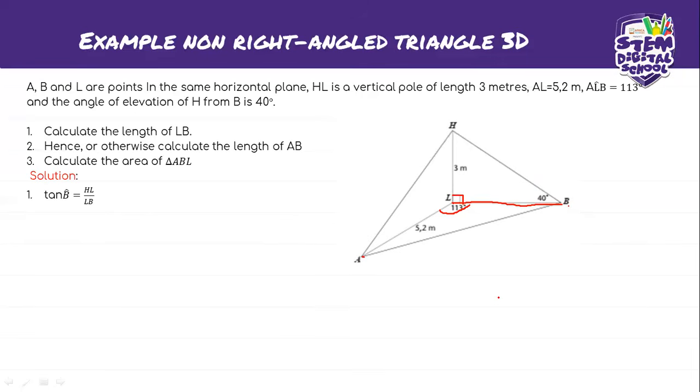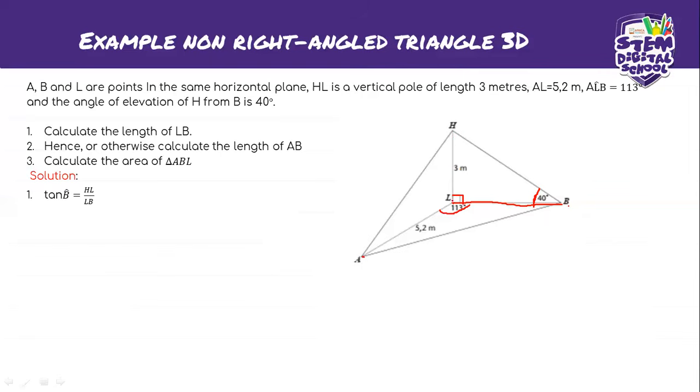So we are going to use trig ratios. Now, you have to choose which one we're going to use. Remember, we have sine theta equals opposite over hypotenuse, cos theta equals adjacent over hypotenuse, and tan theta equals opposite over adjacent. Since we have this angle at B, the side which is opposite to this angle, which is HL, is our opposite.